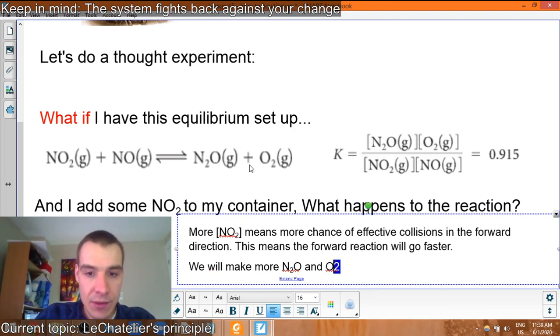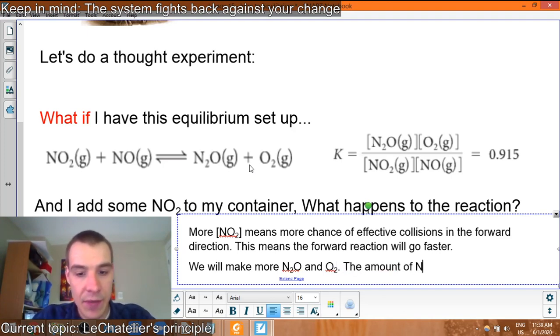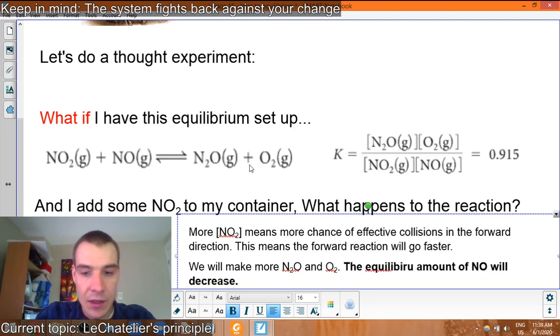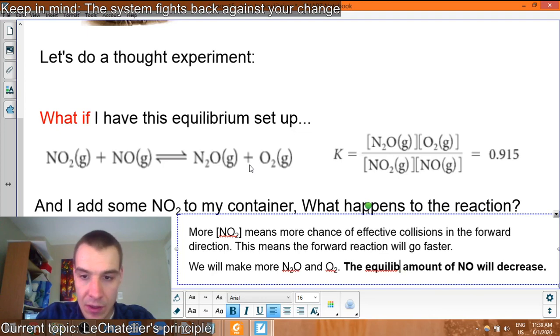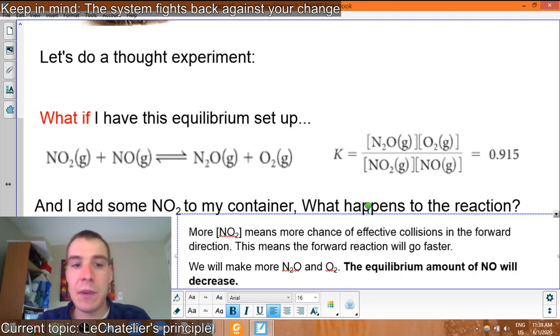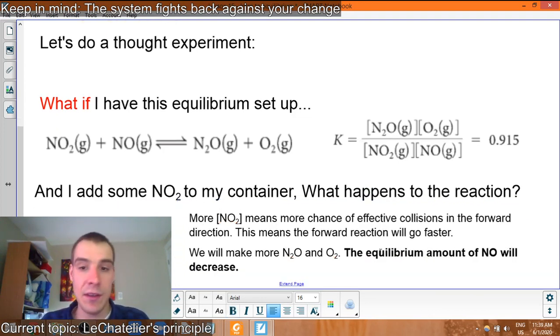And this is the really interesting part: the equilibrium amount of NO will decrease. When I add this stuff, this will go down, and these will go up. So I only added the NO2, but I'm going to have a decrease in NO and an increase in both of these.